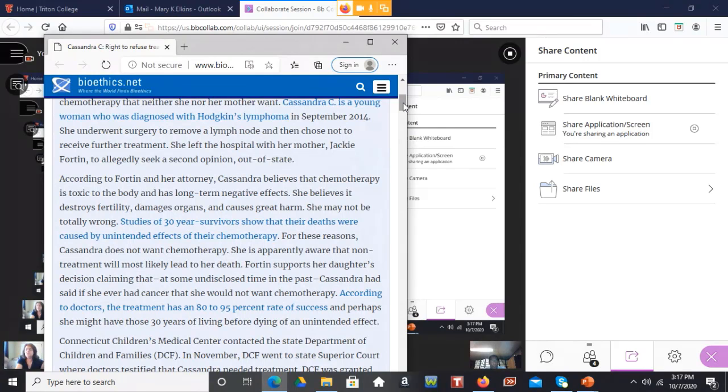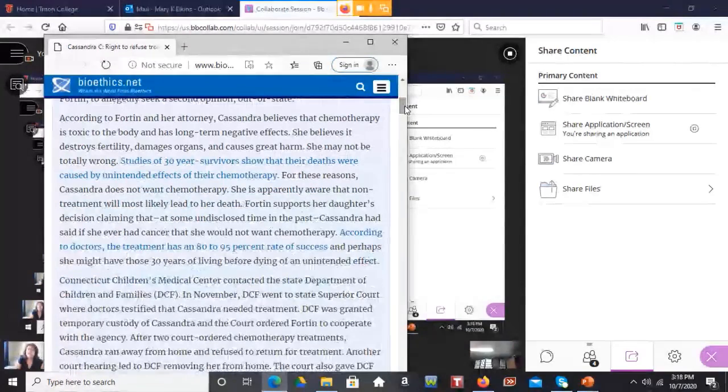She believes it destroys fertility, damages organs, and causes great harm. For these reasons, Cassandra does not want chemotherapy. According to doctors, the treatment has an 80 to 95% rate of success, and perhaps she might have those 30 years of living before dying of an unintended effect.